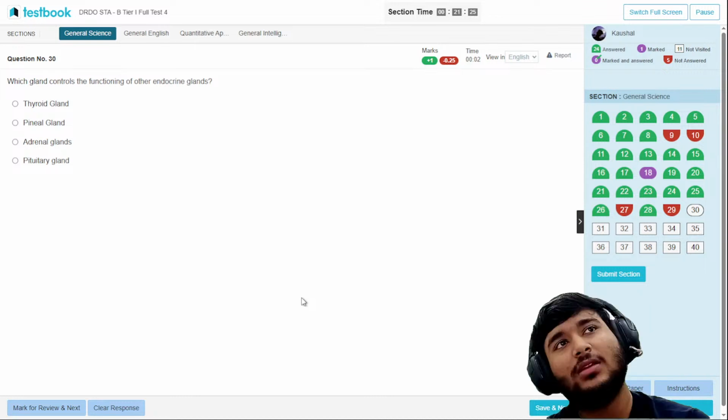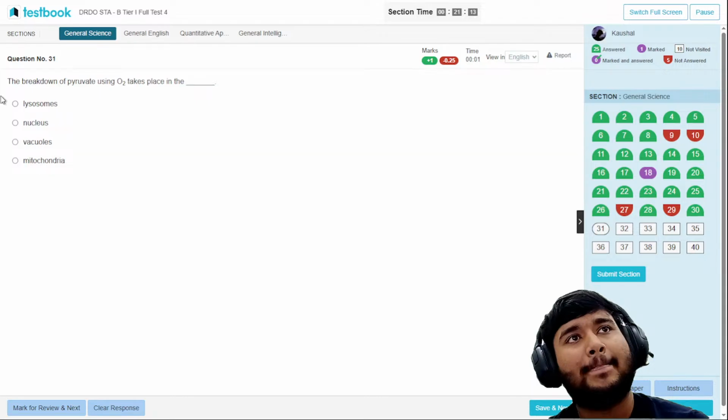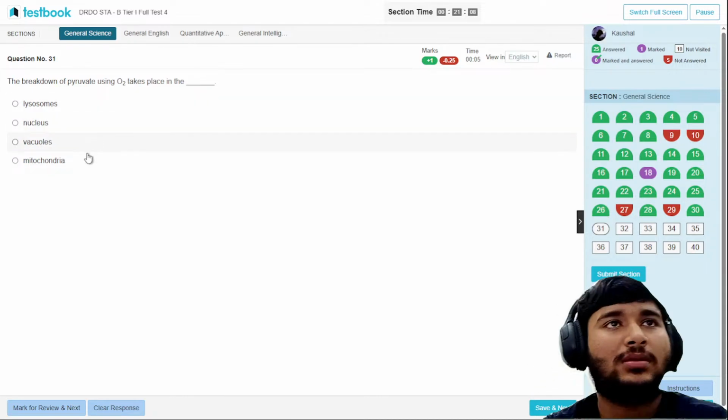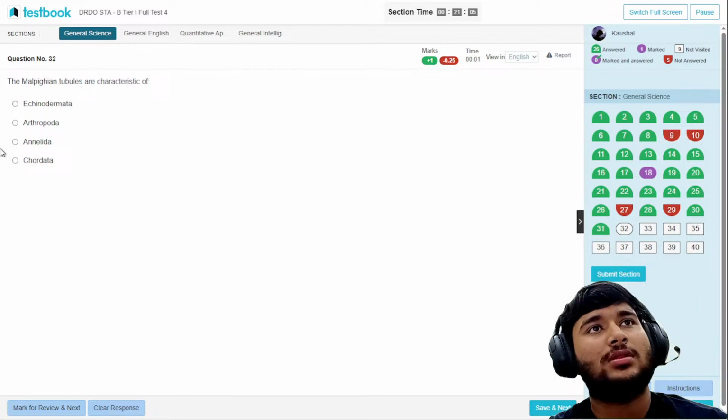Which gland controls the function of endocrine glands? Adrenal gland, pituitary gland. The breakdown of pyruvate using O2 takes place in an... The Malpighian tubes are characteristics of.